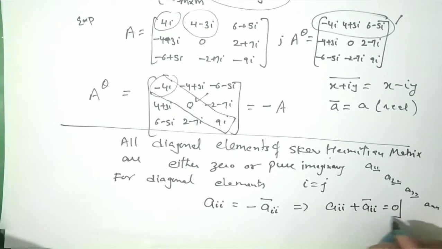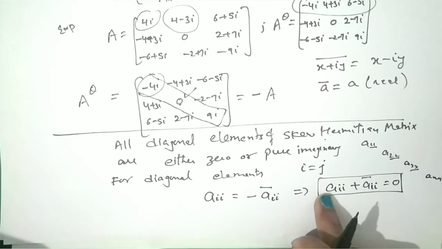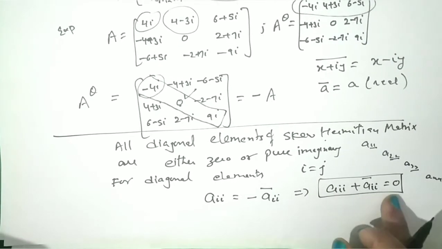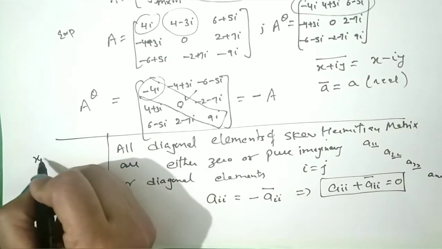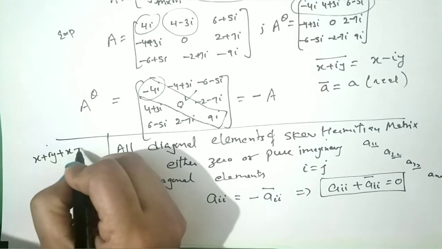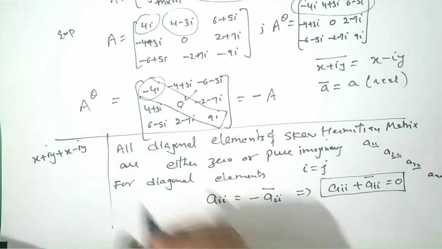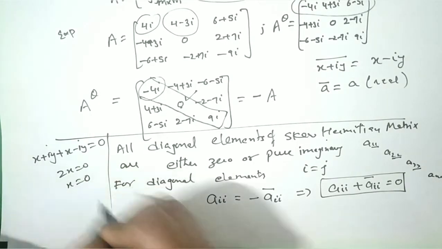That will be equal to 0. What do we get here? The sum of a complex number and its conjugate is 0. When does it happen? We take one example. Let us have one complex number x plus iota y and its conjugate x minus iota y and their sum is 0. This will give us 2x is equal to 0, meaning x is equal to 0.